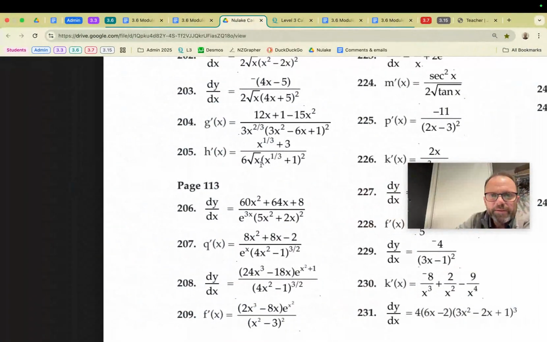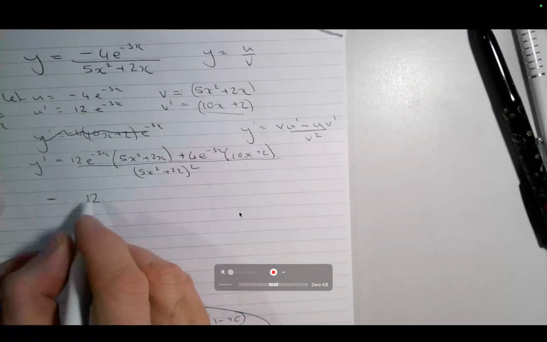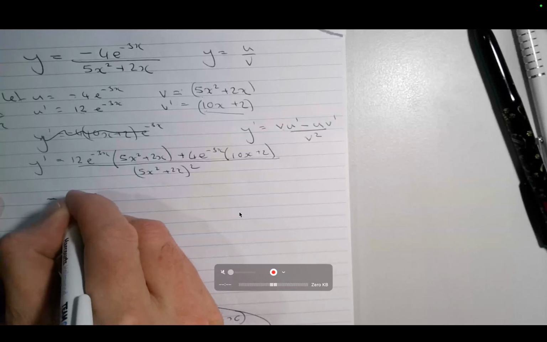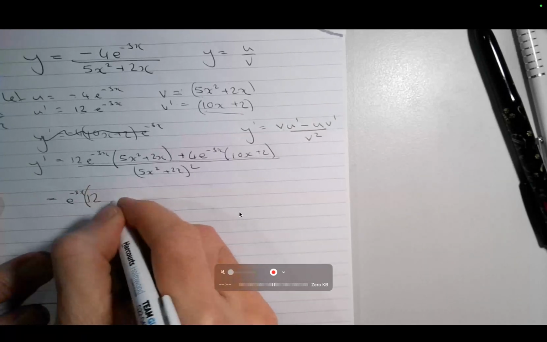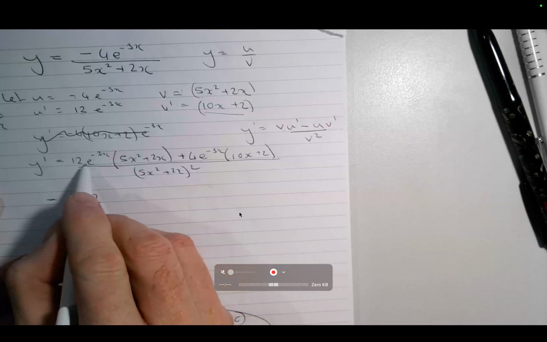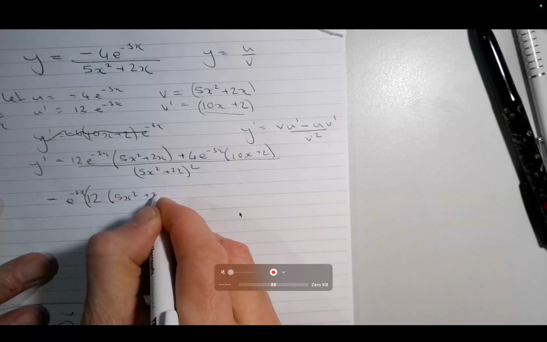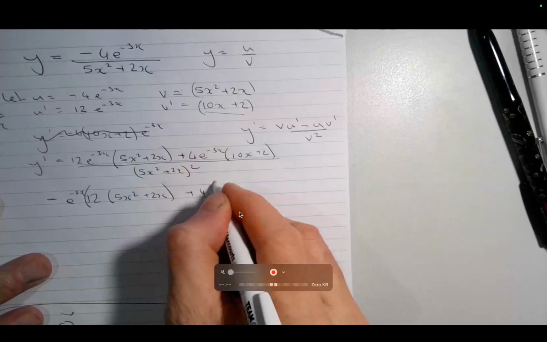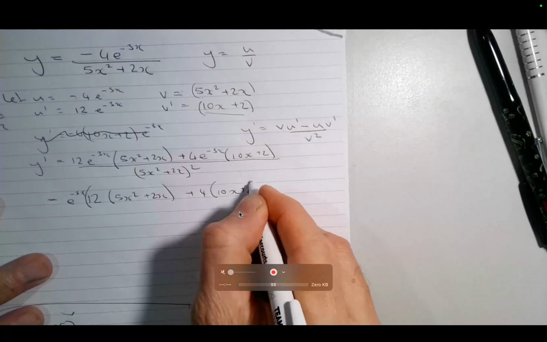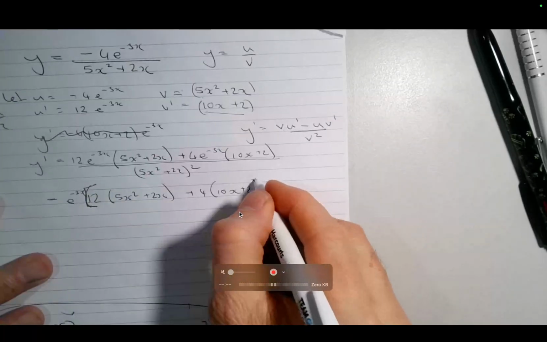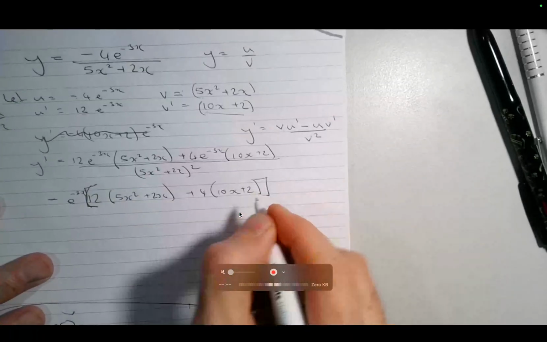Did they drop out the e? No, they left it. Okay, so we're going to take out e to the minus 3x. What's left? 12 times 5x squared plus 2x, plus 4 times 10x plus 2. Let's put square brackets in here. Let's not worry about the bottom bit at this stage.